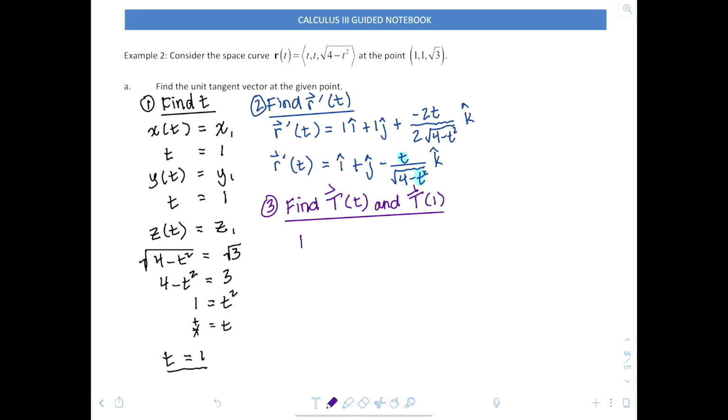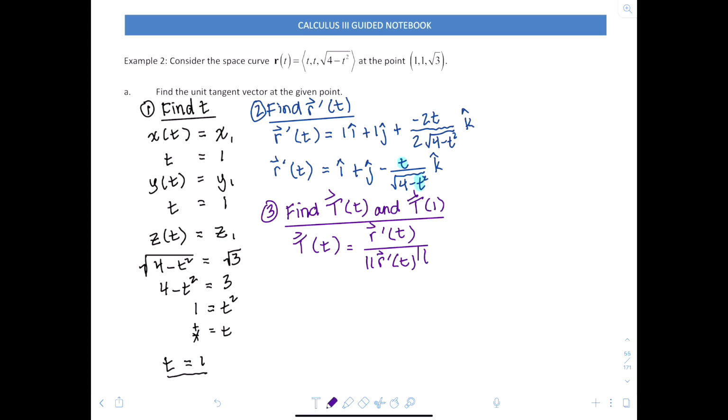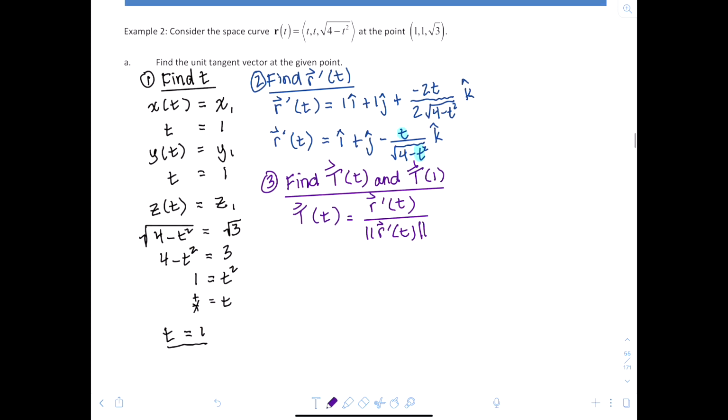So remember that T at t is equal to r prime at t divided by the magnitude of r prime at t. So let's check it out. T at t will be, let's do this in component form.